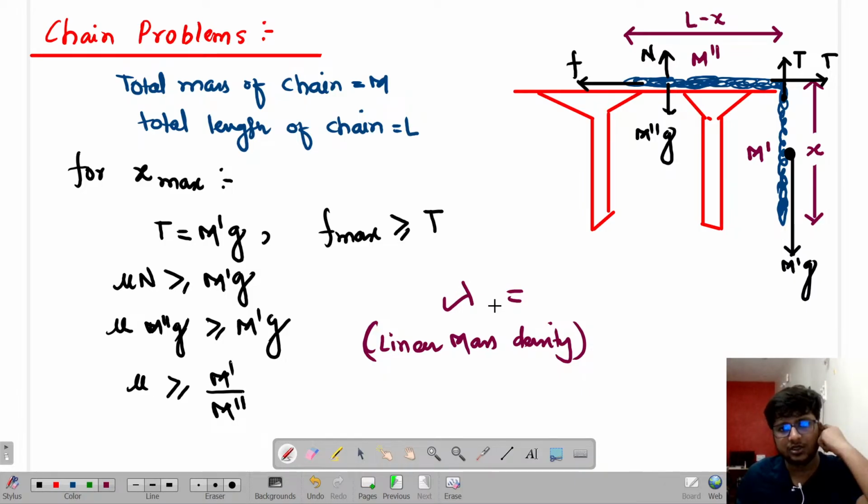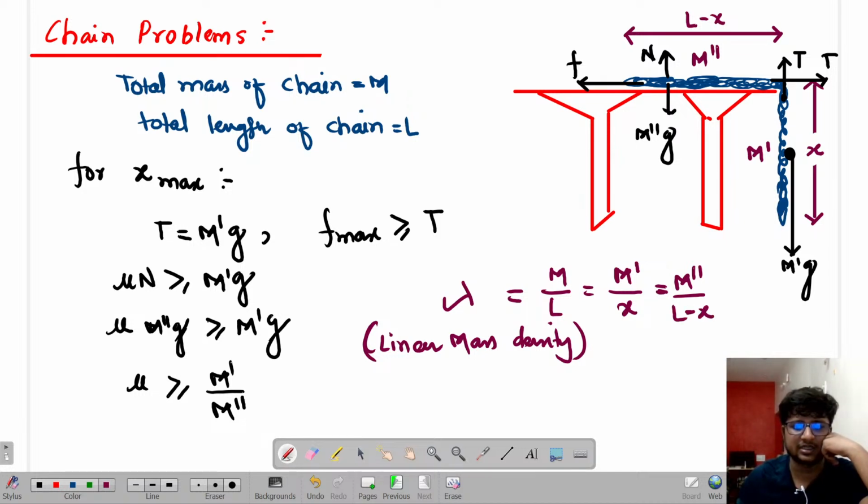So lambda is equal to the bigger mass M by the bigger length L, which is equal to a small mass m dash by a small length x, and that is equal to another small mass m double dash by the length L minus x. If you take the ratio of m dash by m double dash, it is simply x by L minus x.